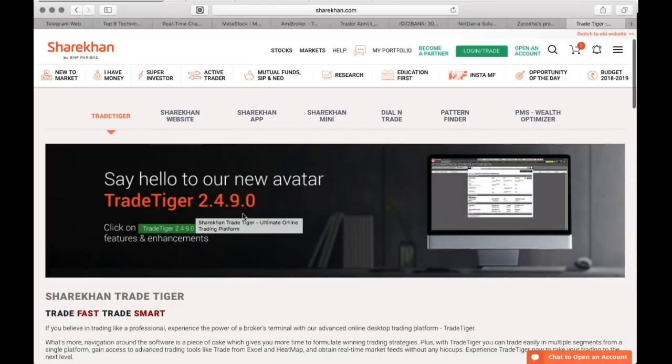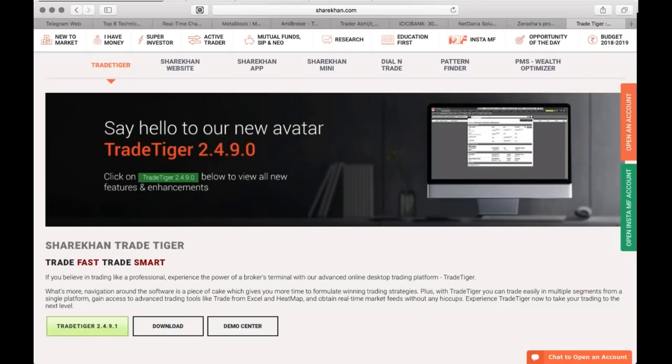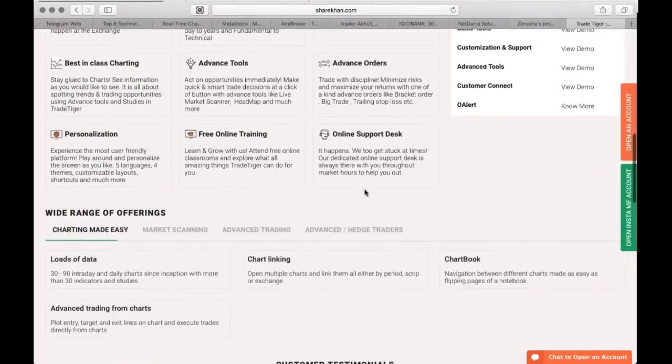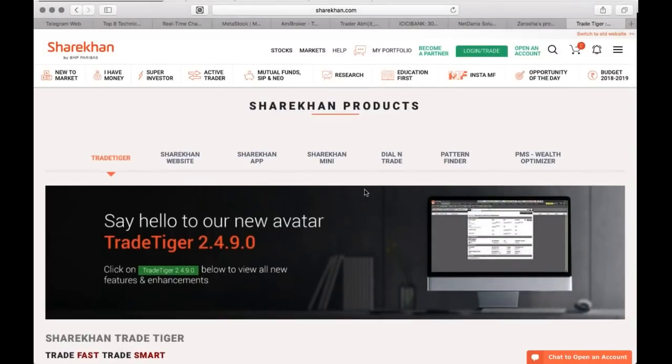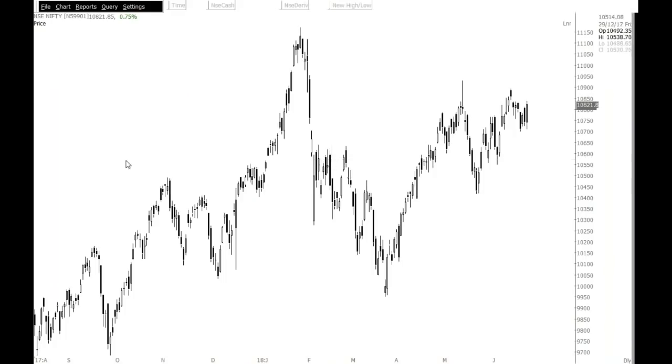So the look and feel of Trade Tiger and the Spider software is very, very similar. The good thing is if you open an account with Share Khan, you will get to use Trade Tiger free of cost. That's really good, free of cost. But obviously, you will not get a full blown version of Iris Plus. You will get a truncated version.